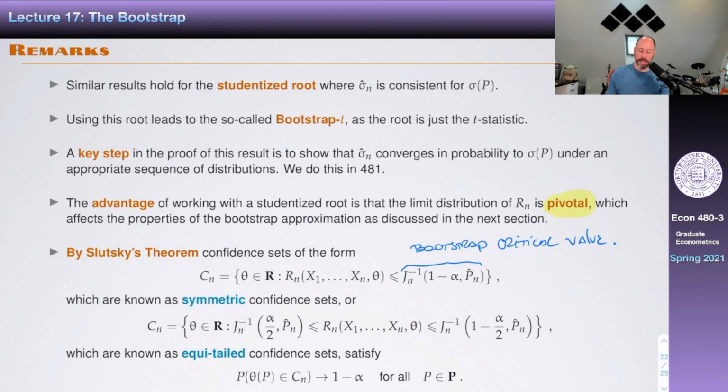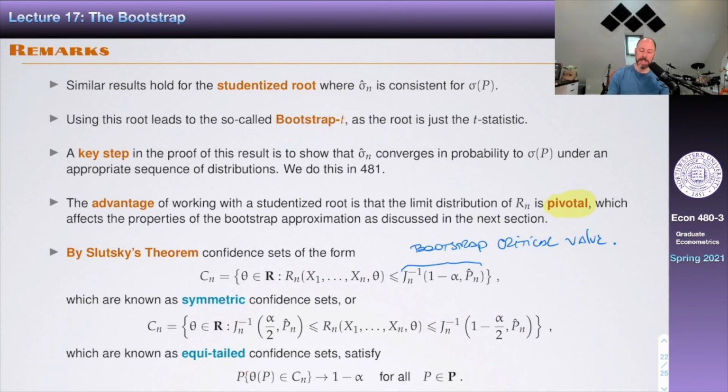This type of confidence set is also called symmetric, or this one over here, where you took the α/2 quantile and the 1 − α/2 quantile on each end, which are called equitail. Both cover θ with probability 1 − α asymptotically.